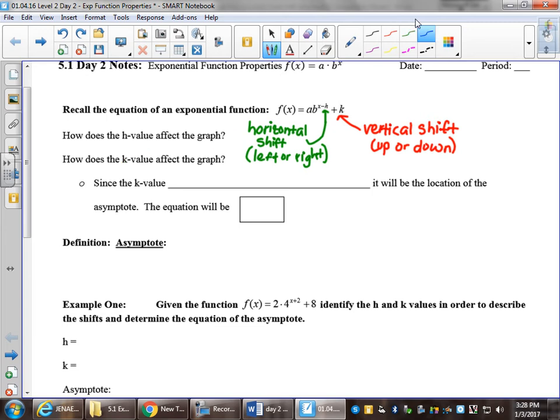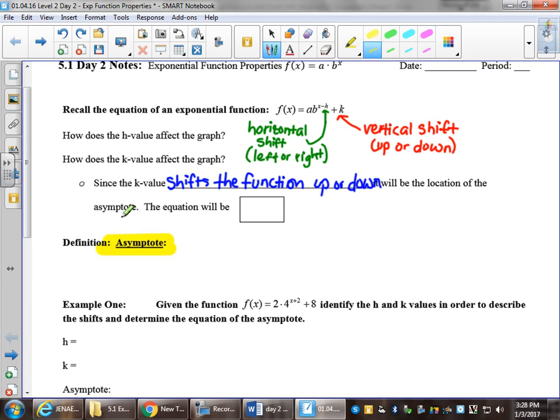Since the k value shifts the function up or down, it will be the location of what we're going to call the asymptote. And that's a very important vocab word, so you should highlight it. If not right there, right here.